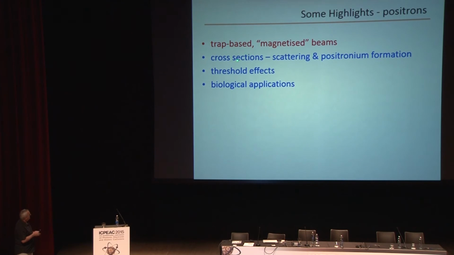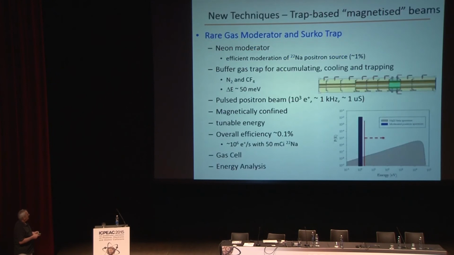I'd like to say a little about work we've done with such a device for measuring cross-sections, scattering and positronium formation, some interesting threshold effects that we found in some of the cross-sections, and finish up with some insights perhaps into applications of positron interactions in biology and medicine.